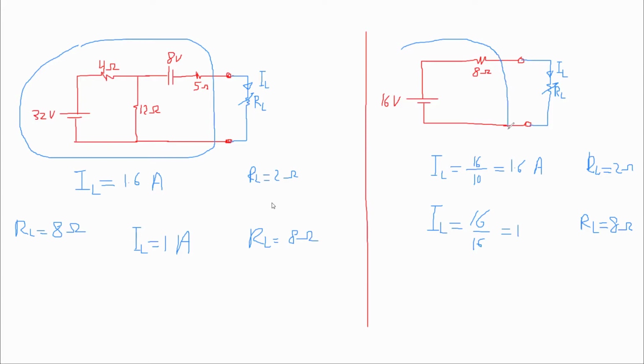So two things. R Thevenin is the equivalent resistance when we have no sources. We only want the resistance, so you're going to remove the sources from the circuit. E Thevenin is the open circuit voltage.